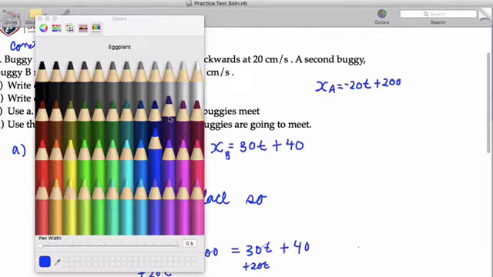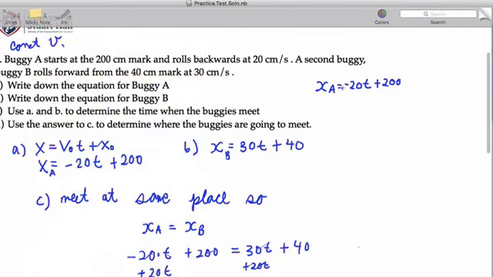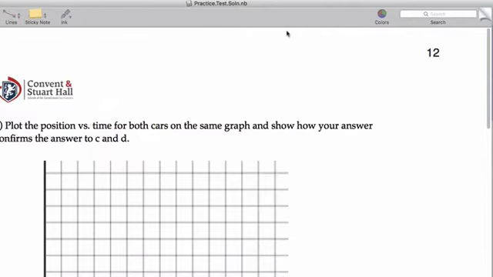I'm going to use a different color for B. 30t plus 40. Excellent. So I'm going to take these two equations and copy them onto the next page because I'm going to do this graph right here. Excellent. So I want to plot both of these equations.